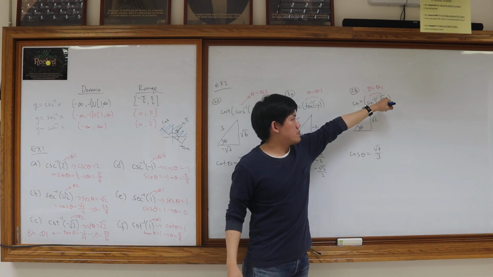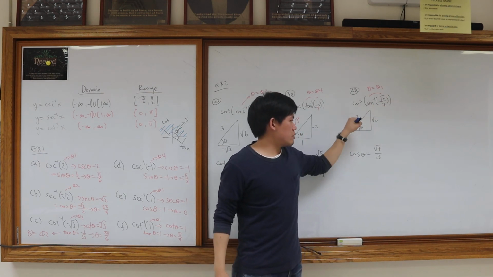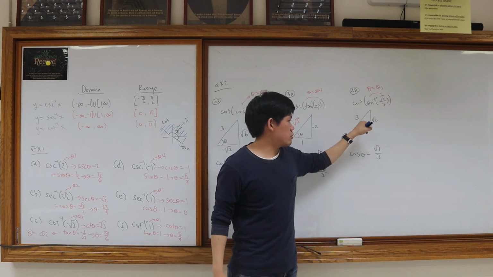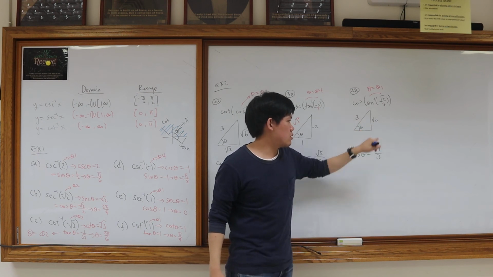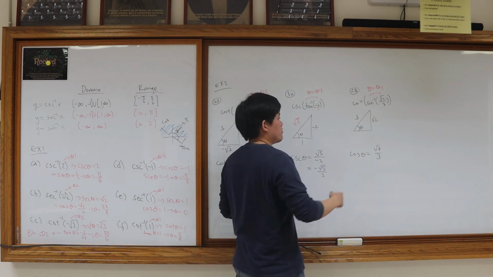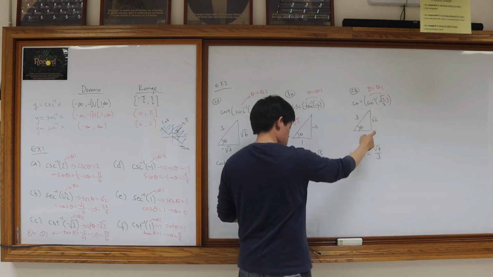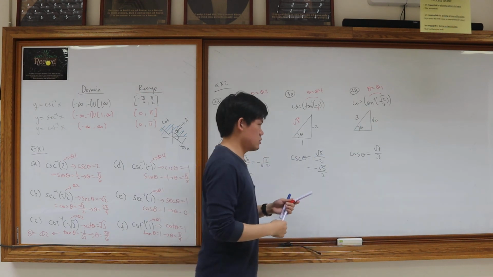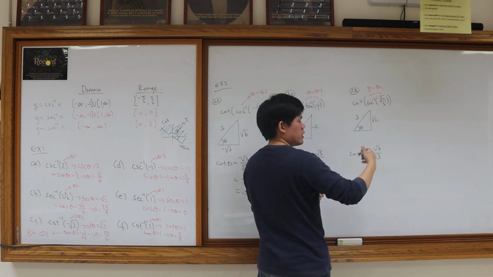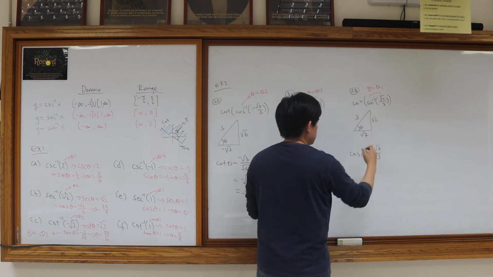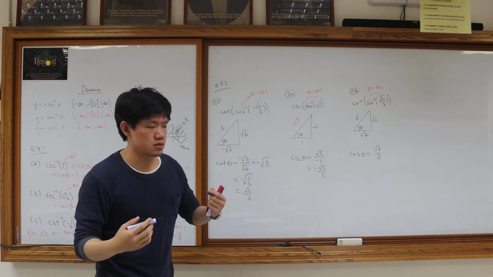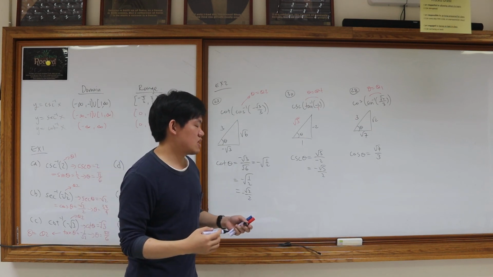Opposite over hypotenuse is root 2 over 3, and the angle we're trying to use is over here. So we're going to find the adjacent side: 3 squared minus root 2 squared is equal to 7. So in that case, my leg side is going to be root 7.